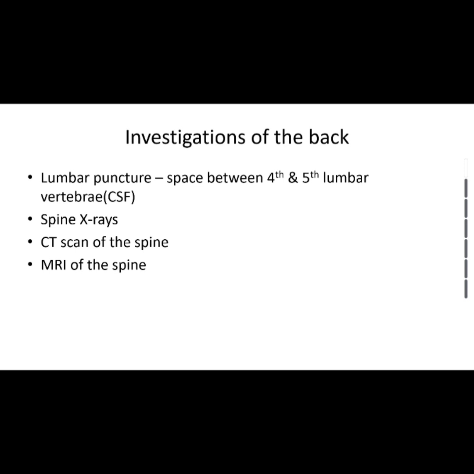Then, of course, you can do spinal x-rays. Most of the time, we like doing them anteriorly and laterally. As I told you last time, for most x-rays you want two views, anterior-posterior and lateral.